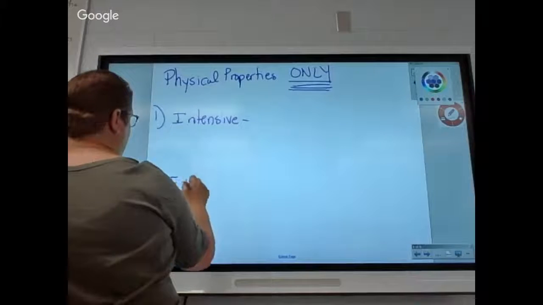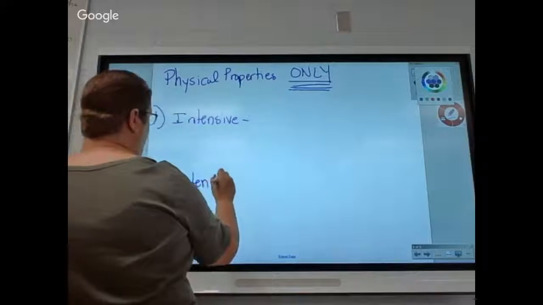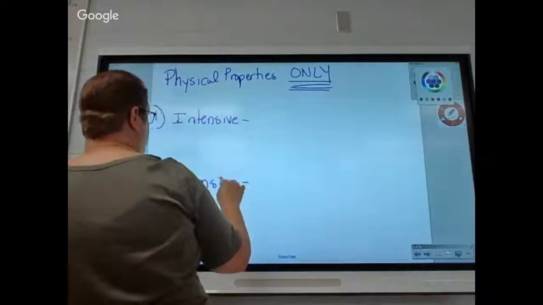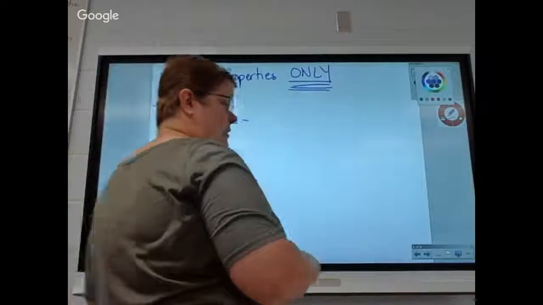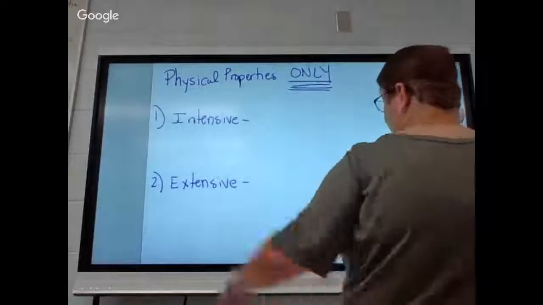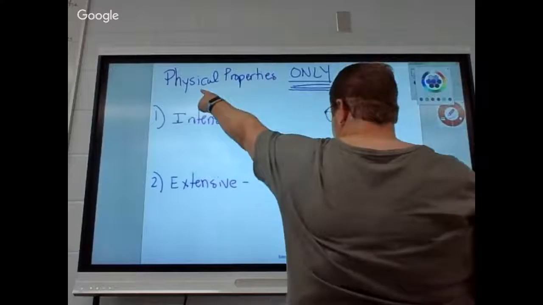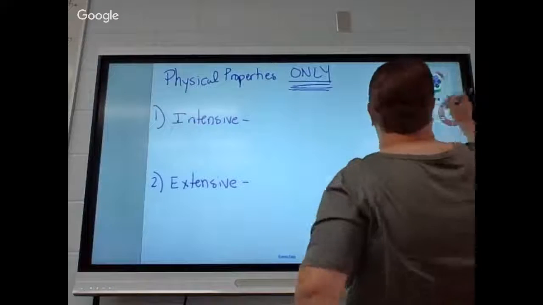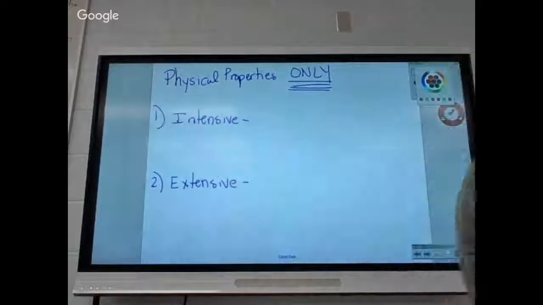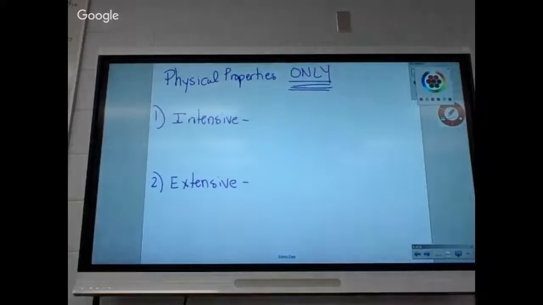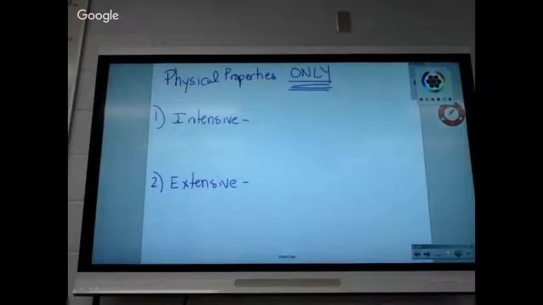So in a minute, when I'm talking about chemical properties, are we going to talk about them as being intensive and extensive? No. It says physical properties only. What was your question though? I said in a minute, when we're talking about chemical properties. Oh, no, that's right. We're not going to label them as intensive and extensive. We're only going to talk about physical properties as being intensive and extensive.